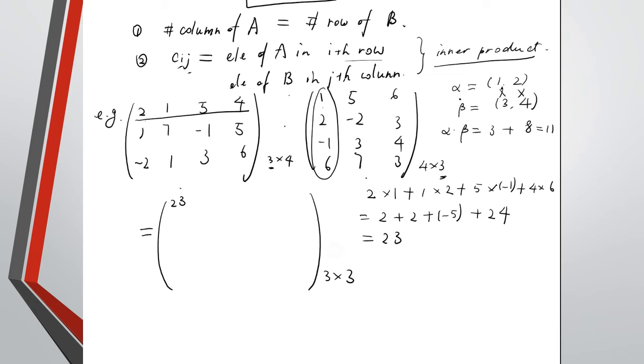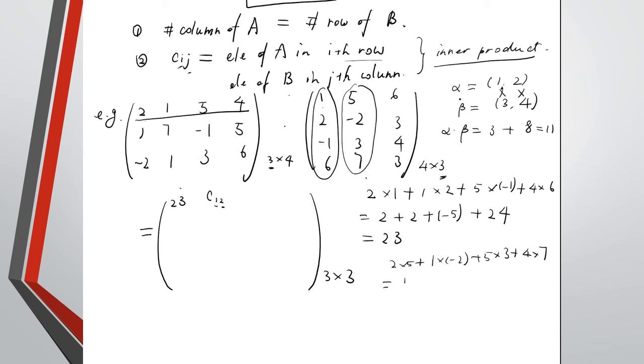Alrighty, so let's try another column. For this one, we have C12. C12 means it is in the matrix C's first row and second column. And we understand that the first indicator 1 comes from the matrix A's first row. And the subscript 2 comes from the second column of matrix B. So this time, let's try: 2 times 5 plus 1 times minus 2, and then 5 times 3, and then 4 times 7.